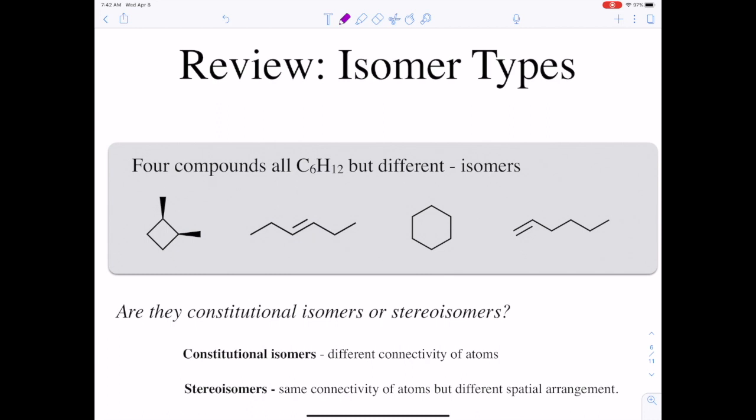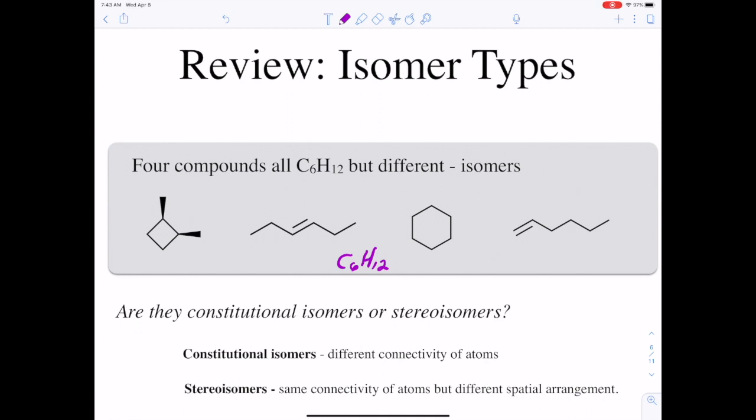So when you look at these 4 compounds, they all have the formula C6H12. If you recall, an alkane with 6 carbons would have 14 hydrogens. C6H14 for an alkane.